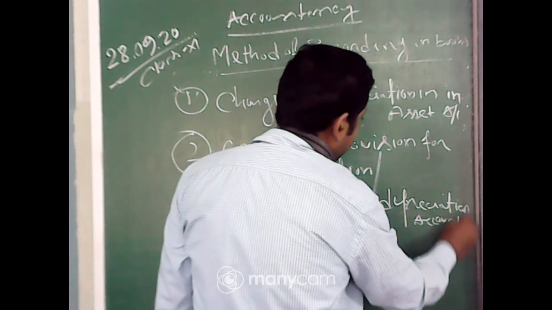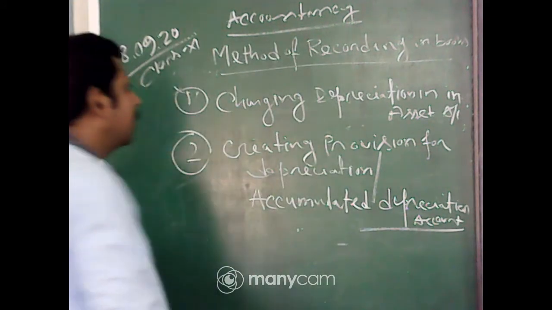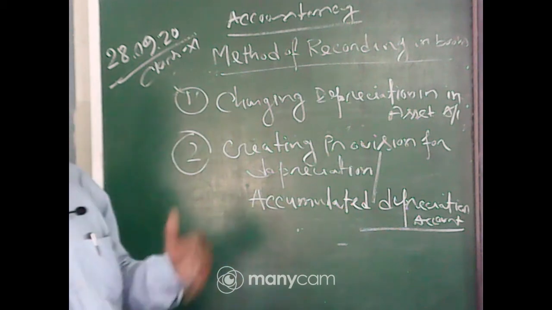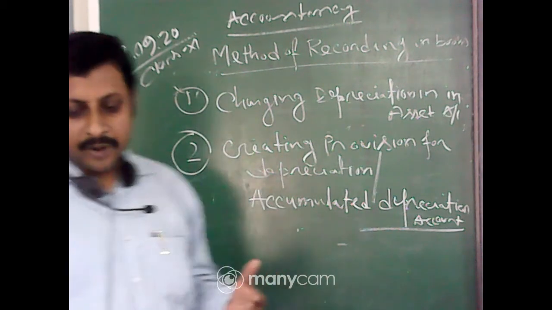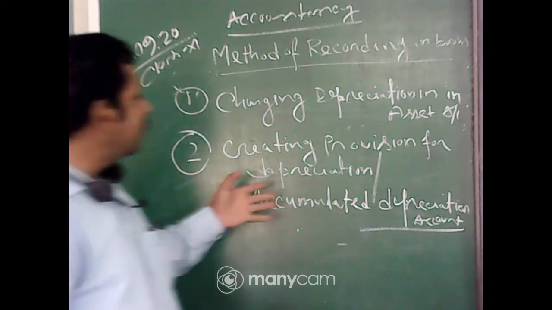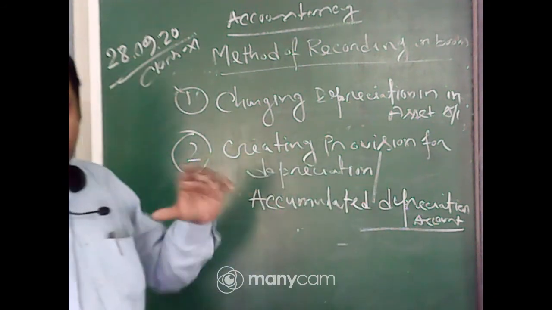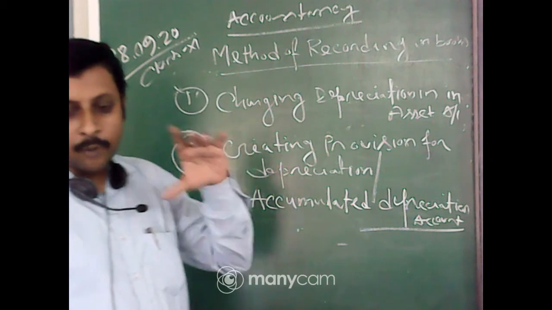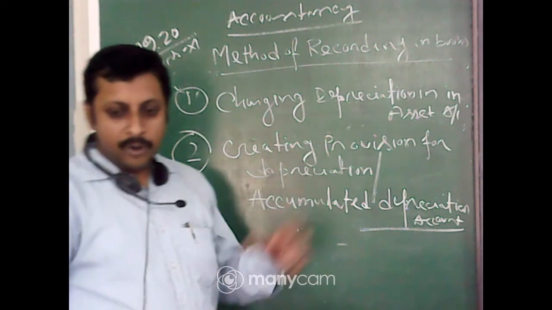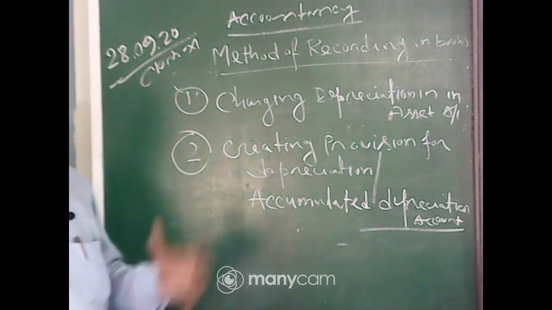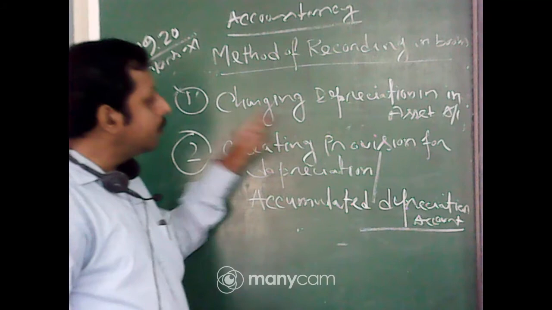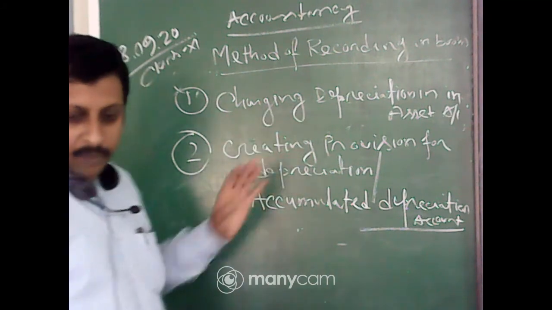Okay. So there are two methods of recording depreciation. One is charging depreciation in the asset account itself, and the other method is creating a provision for depreciation. You have to open a separate account, called the provision for depreciation account, or accumulated depreciation account. Through a practical problem, we will see how we charge this depreciation.